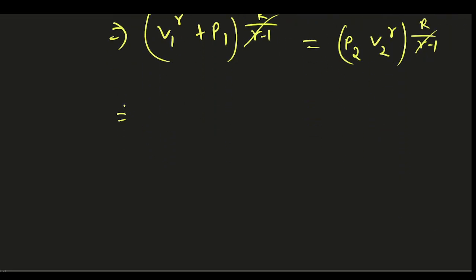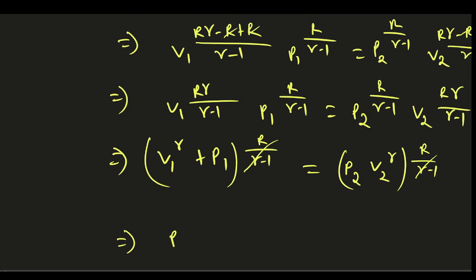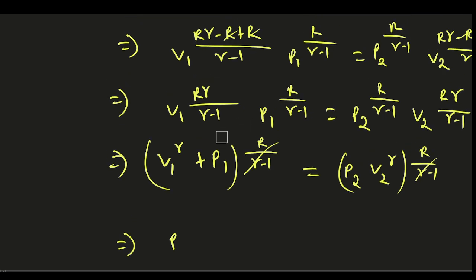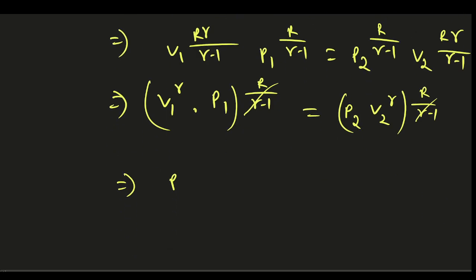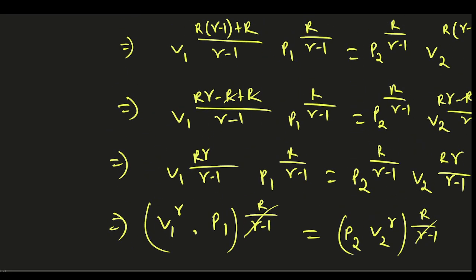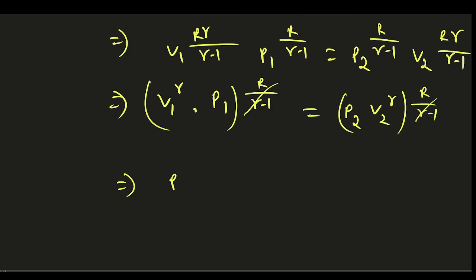So what you get, sorry, this is not in the multiplied form, this is multiplied, because this is already multiplied. So P1 V1 gamma equal to P2 V2 gamma.